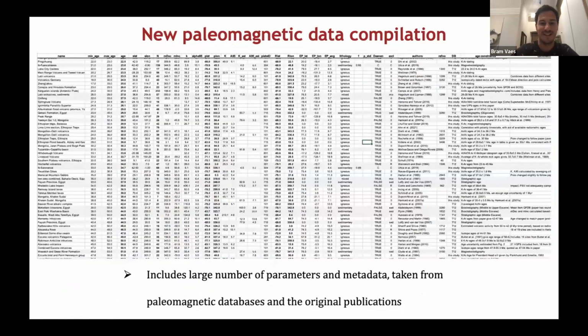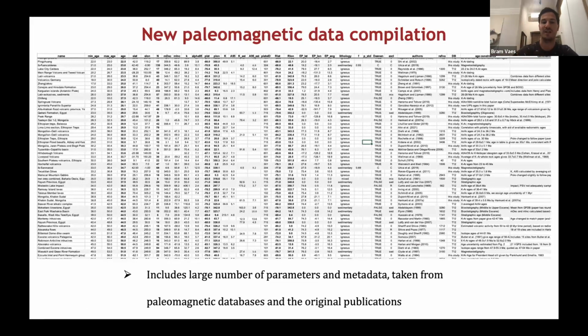So after seeing the classical table, this is a snapshot of the data table that was used for our new apparent polar wander path. And you see that there are way more parameters, and we have documented all age constraints and provided comments on the reliability of each data point.